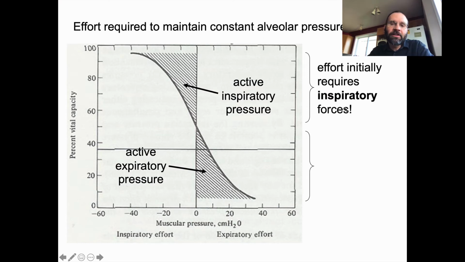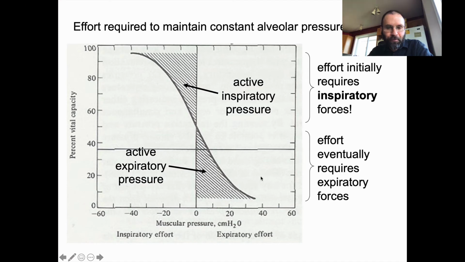So our effort is initially going to require inspiration, or those muscles that normally inspire or make the volume of your lungs bigger, just to counterbalance that effect of the relaxation pressure. And then once we get past that equilibrium, eventually we're going to have to kick in the expiratory muscles to keep the flow of air going at that constant rate.